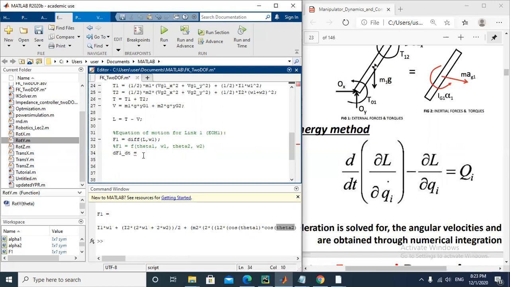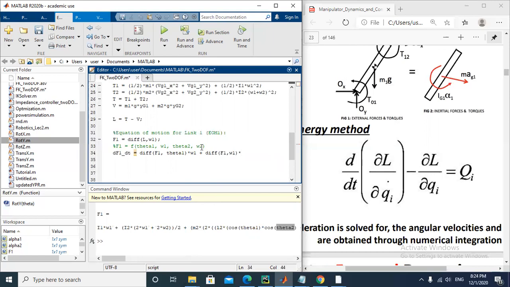What I have to do is, when I do diff of f1, the first variable, with respect to theta 1, you multiply this by omega 1. So it's the partial derivative of f1 with respect to theta 1 multiplied by d theta 1 over dt, which is omega 1. I can do this for all of them: diff f1 omega 1.